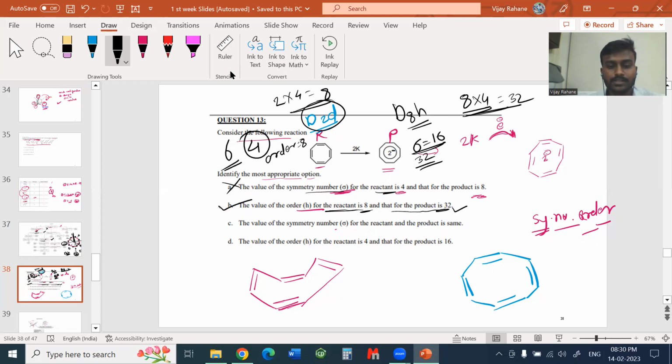Third, the option says the value of the symmetry number for reactant and product is the same. No, it's an incorrect statement, since the reactant and the product belong to two different point groups, D2d and D8h.